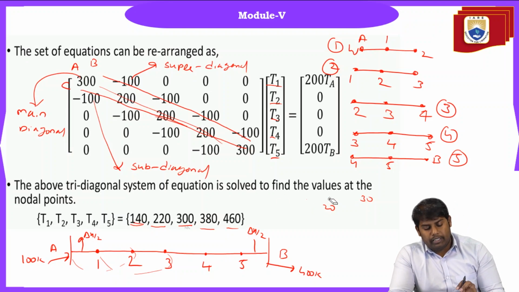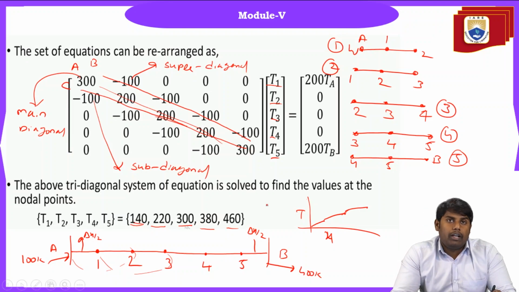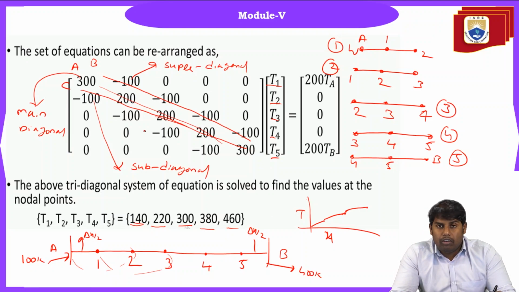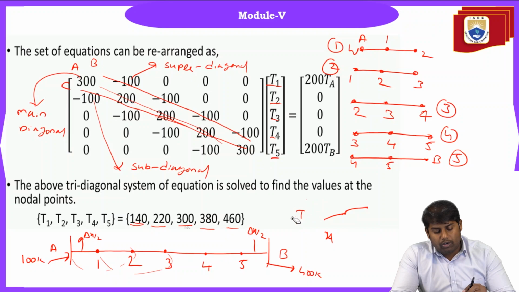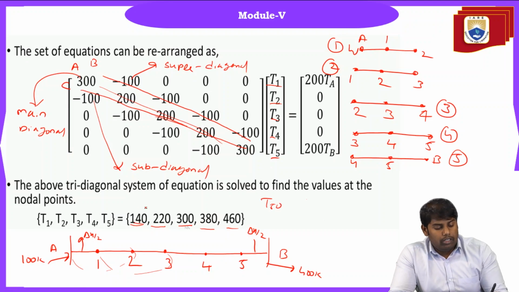For example, if we draw temperature versus the x direction, let's say at point one you have this, and like this the temperature may increase. With some discontinuity, or some kind of non-smoothness, the curve will change. When I take more points, here instead of 5 points, let's say I take 50 points: T1, T2, T3, T4, T5, T6, T7, T8, T9, T10, and so on till T50.